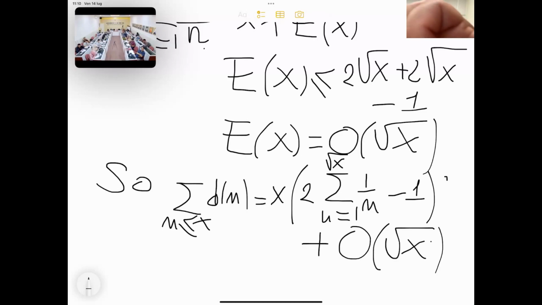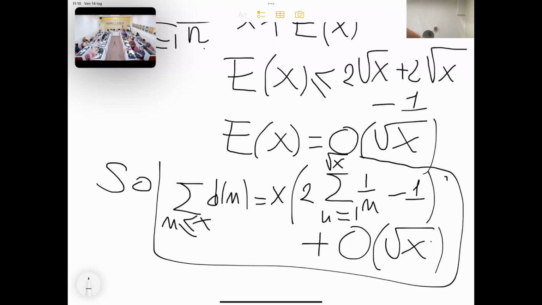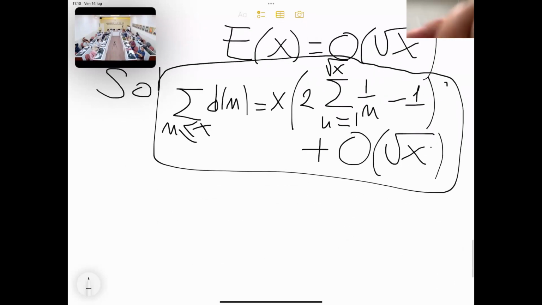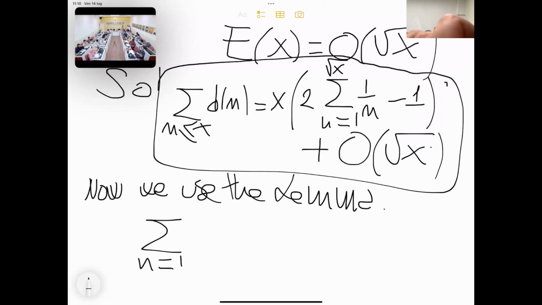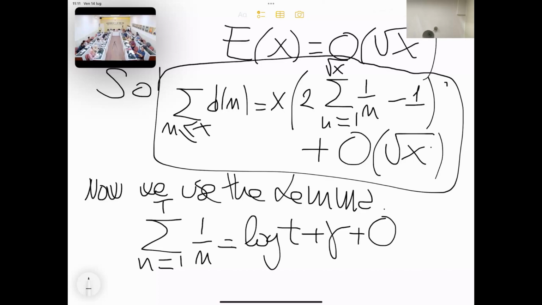So this is where we got so far. Okay, now we use the lemma. The lemma that says that the sum for n from 1 to, say, capital T of 1 over n is equal to log T plus gamma plus an error term of the type 1 over T.